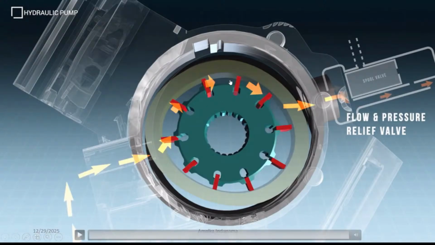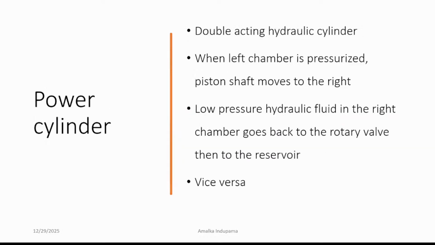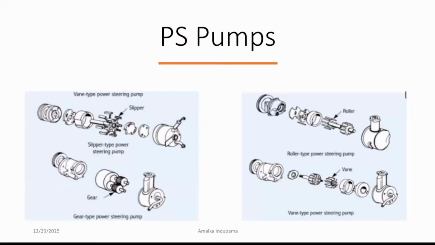It is also a vane type compressor, right? Likewise, in power steering systems we have a few other pump types. This is the most common vane type power steering pump. Then the gear type is also common, and the roller type, and this one is also a vane type, but the configuration is a little different. Those are the common power steering pump types.